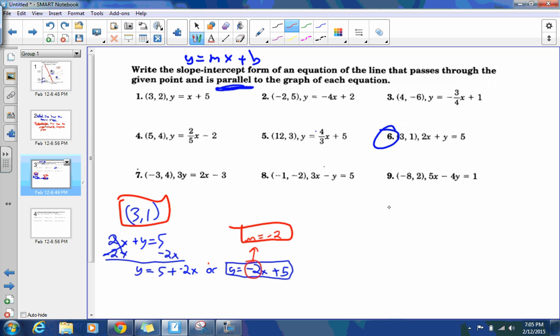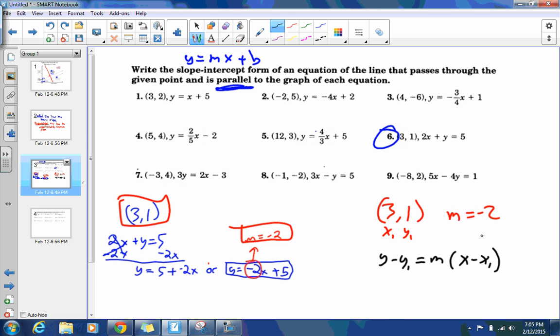So, point-slope form. For point-slope form, you need a point, (3, -1), which would be our x1 value and our y1 value, and then the slope is -2. I'll write it right here: y minus y1 equals m, which is the slope, times x minus x1.